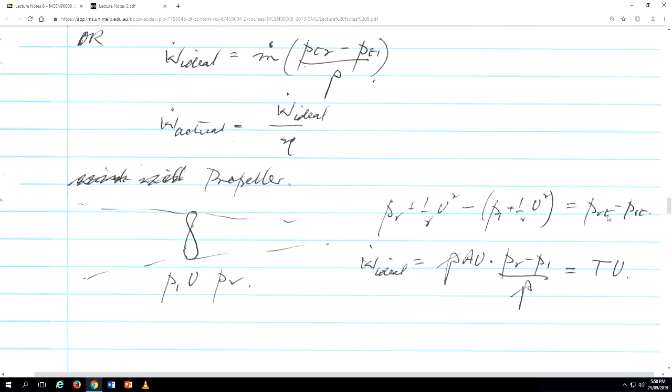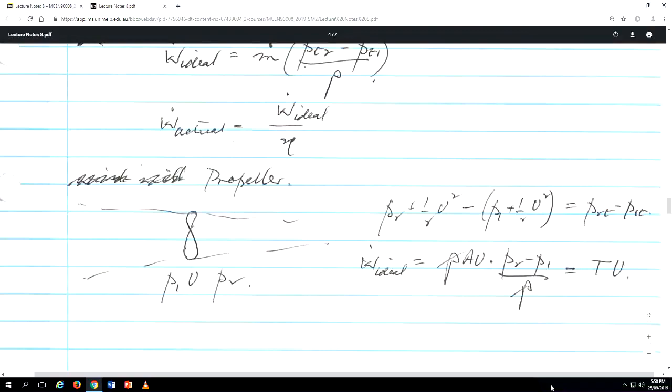And that is P2T minus P1T. So I'm working out the ideal amount of work, and the ideal amount of work is the mass flux through this propeller disc, which is rho AU, and it's the difference in total pressure divided by the density, which is P2 minus P1 over rho, because the U's cancel.